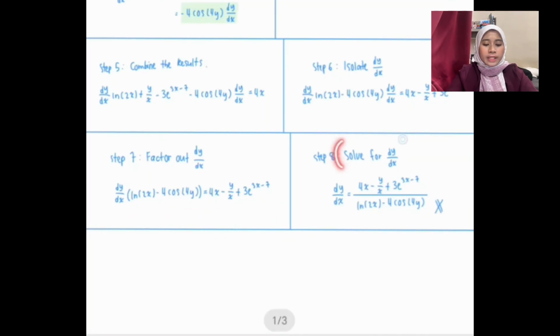We're going to leave dy over dx alone, so these numbers we move to the right side. So we get the final answer: dy over dx equals 4x minus y over x plus 3e power of 3x minus 7, divided by ln 2x minus 4 cos 4y. So that's the final answer.